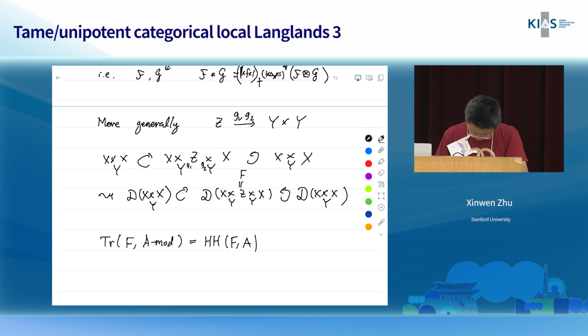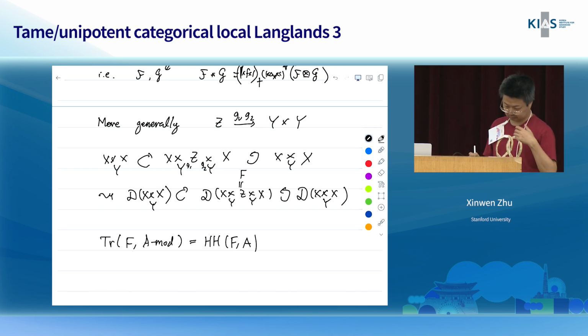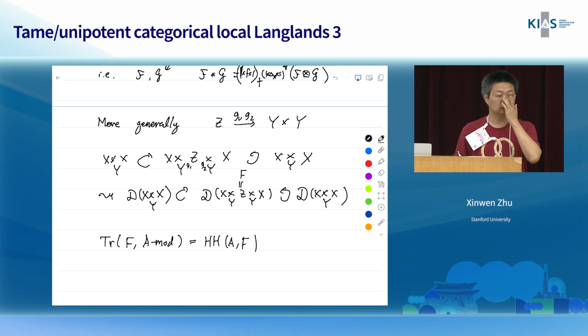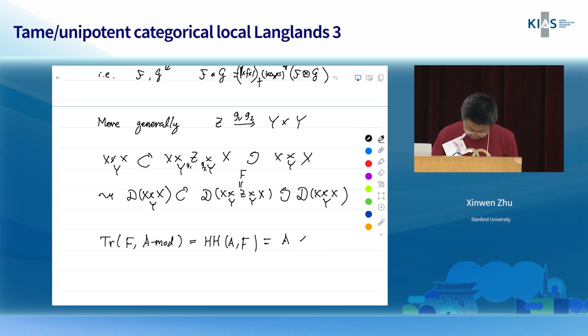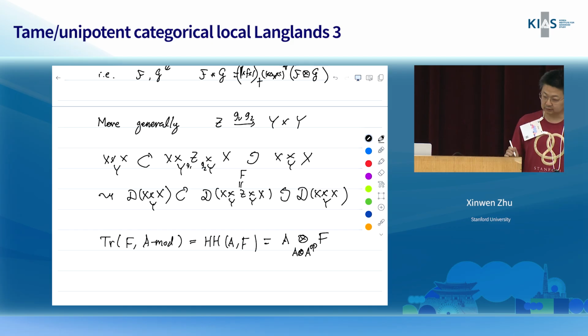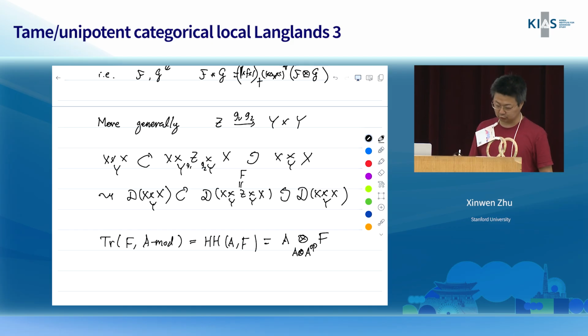I don't want to recall its precise definition. It's also sometimes read as the Hochschild homology of A with coefficients in the bimodule F. More explicitly, it's just A tensor F over A tensor A^op. So this is the definition.